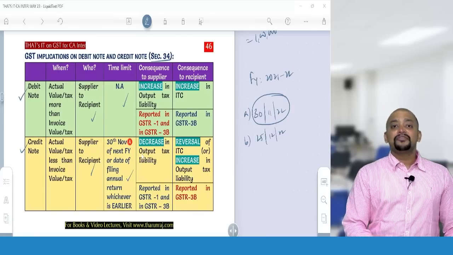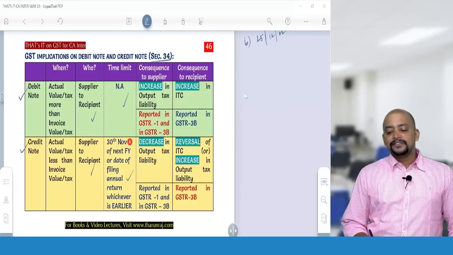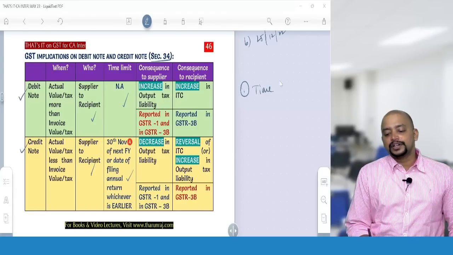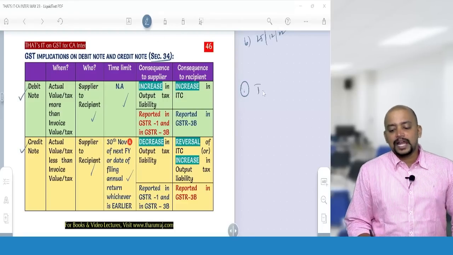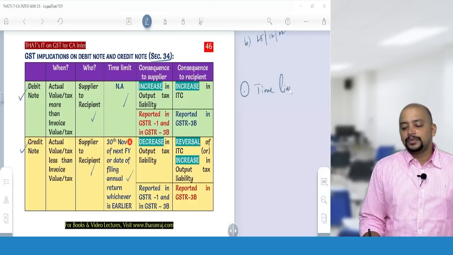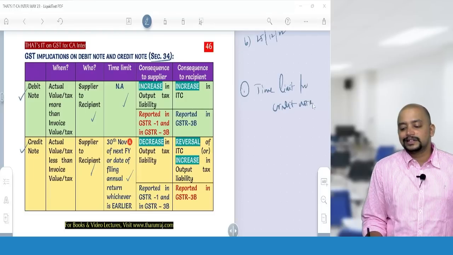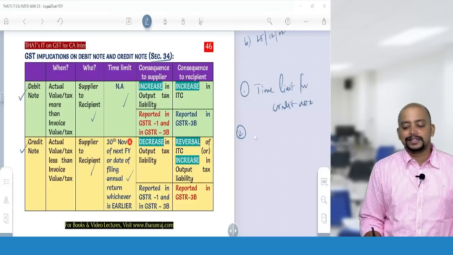So in total, in 5 cases this date will be common. What are those 5 cases? First, the time limit for issuance of a credit note. Then next, the time limit for availment of ITC.